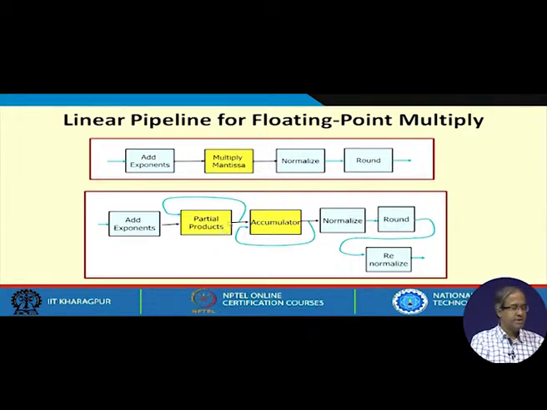So, both these two stages may be required to execute for multiple clock cycles, and normalize and rounding, and at the end you may need to do a renormalization after rounding, because the number might become unnormalized again, right. Fine. So, this is a more technically correct version of a floating point multiply pipeline with the IEEE format, because for IEEE format you need this last step.